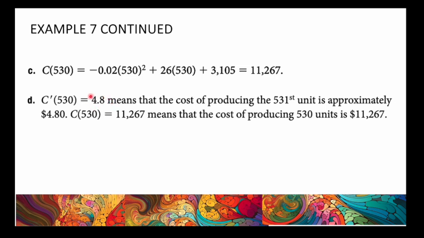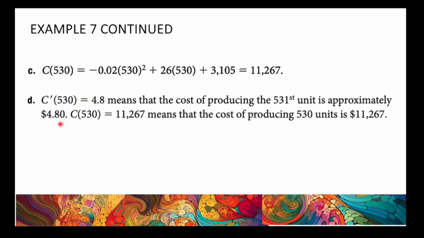So this 4.8 that we got when we evaluated the marginal cost function means that if we produce 531 items after we already produced 530, we could estimate using the slope of the tangent line that to produce one more item, from 530 to 531, the cost would be $4.80.